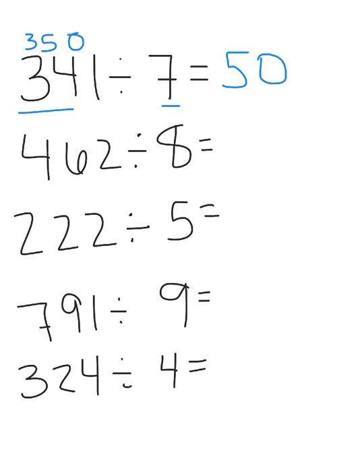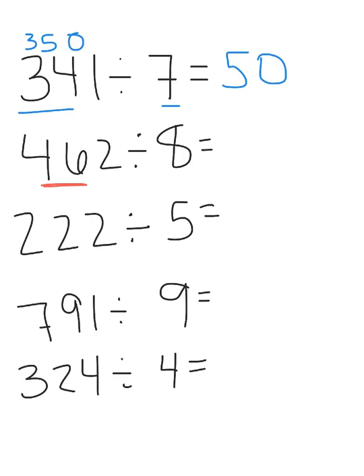For my second problem, I have 462 divided by 8. So I'm going to think about what is a multiple of 8 that is close to 46. Well, I know that 8 times 5 is 40, and 8 times 6 is 48.